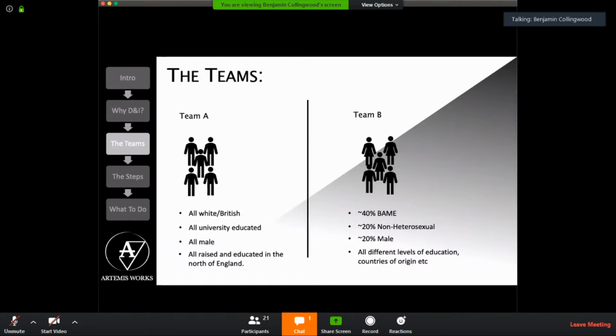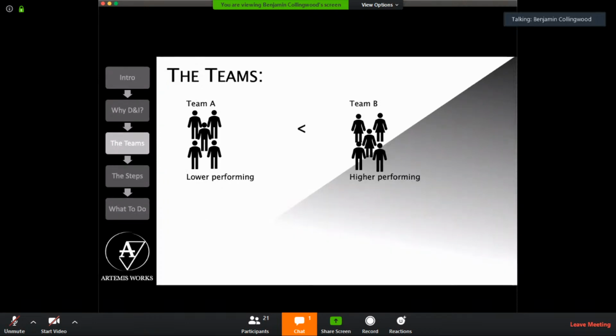So we look at these two teams, and what we expect from the information that we've got is that Team A would be lower performing and Team B would be higher performing by 12%, maybe more, maybe less, but Team B would be the higher performing team.